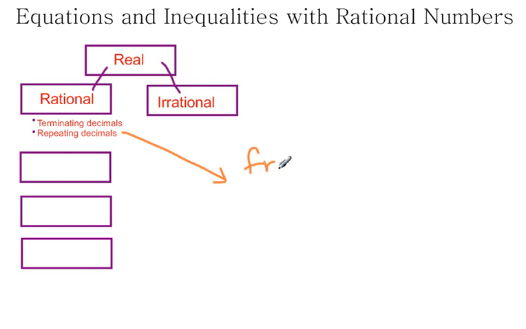So one of the decimals that you had to learn and memorize as a fraction that was a terminating decimal was the fraction 1/2. 1/2 is 0.5. That's a terminating decimal. 4/5 is 0.8. That is a terminating decimal.